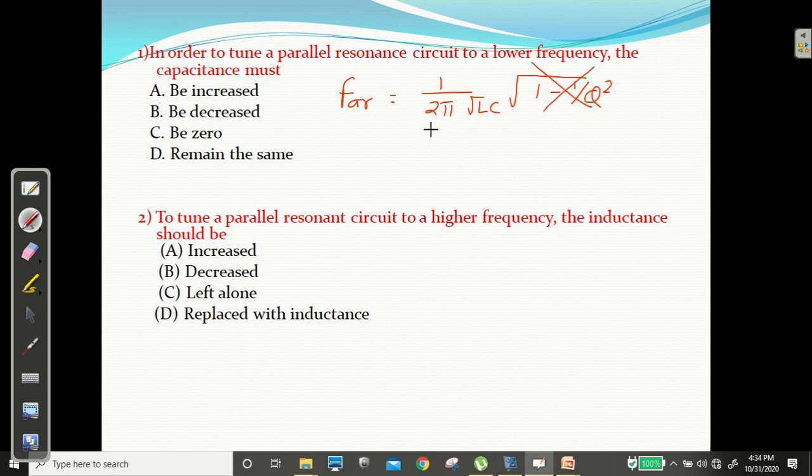So 1/2 pi root LC. To tune a parallel resonance circuit to a lower frequency, if you want to reduce this, you have to increase either L or C or both. The capacitance must be increased. Either L increases or C increases. So answer 1, A is correct, right?